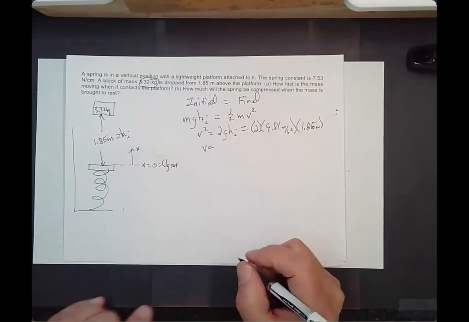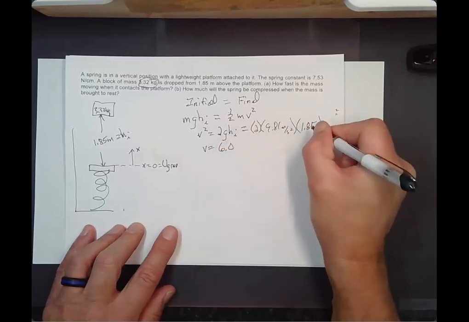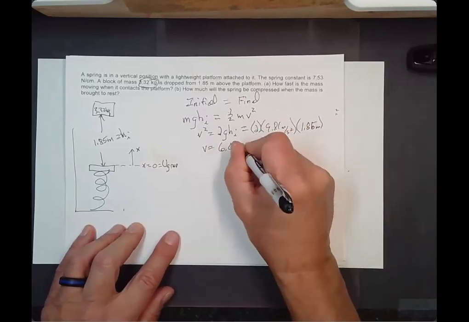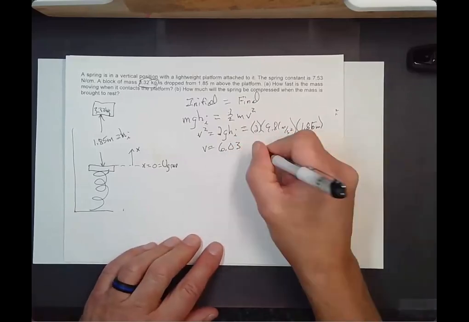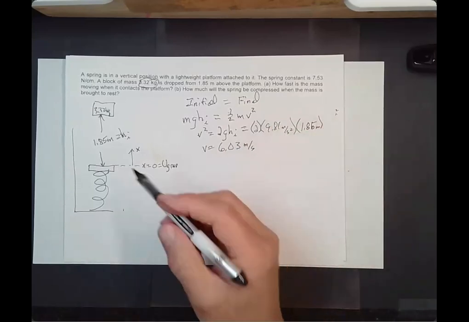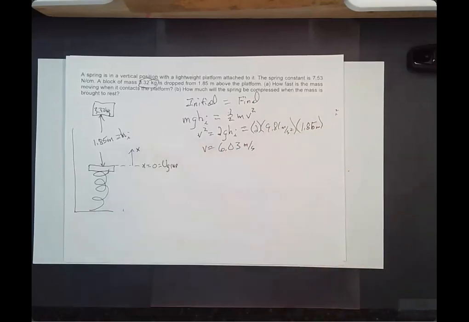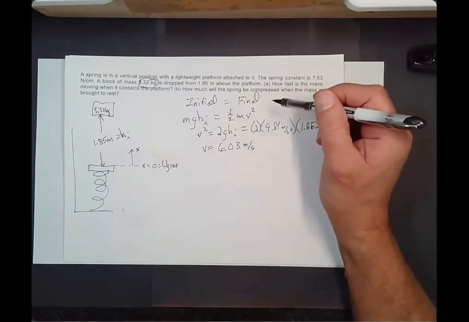I get about 6.0. We've got 3 sig figs, so 6.03, maybe 6.02, I can't tell on my calculator, meters per second for the speed when it first contacts the platform. And then, how much will the spring be compressed when the mass is brought to rest?